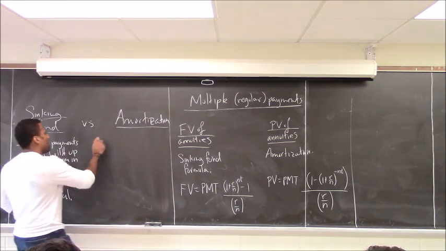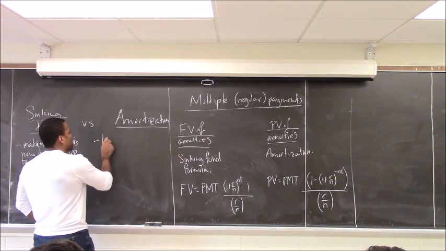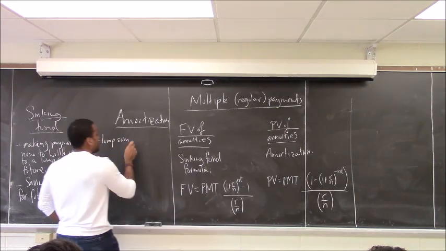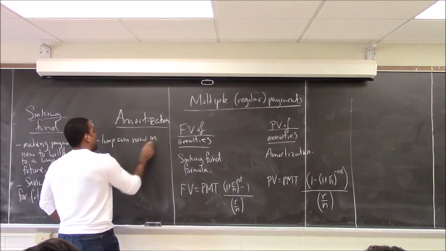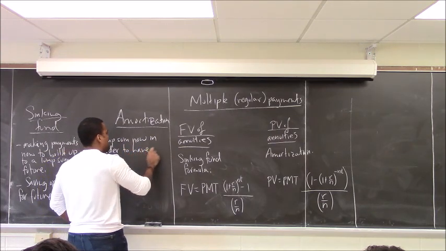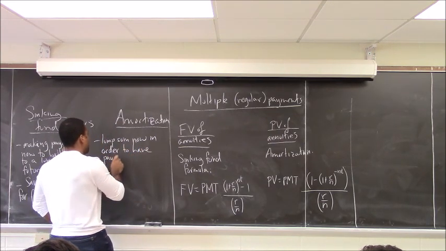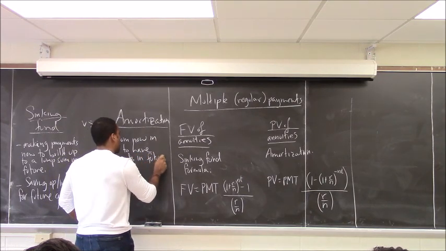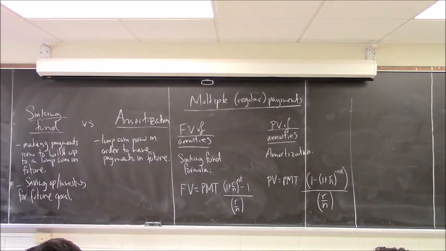Amortization would come in when you put a lump sum down now, which is the present value, in order to have payments in the future. So you're looking for payouts in the future.